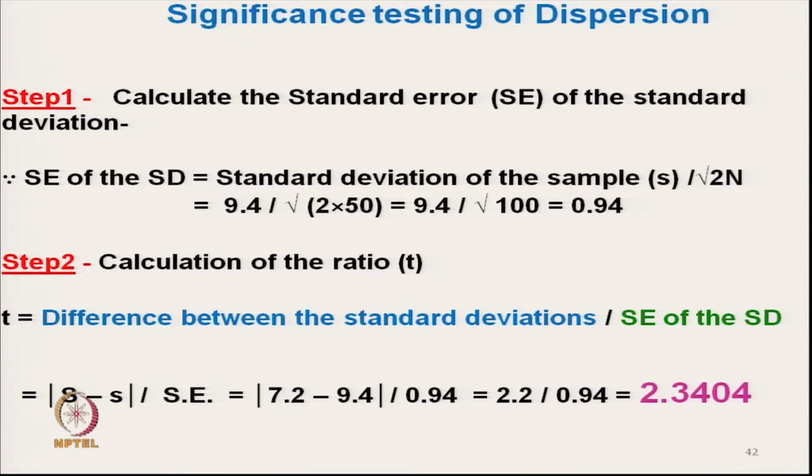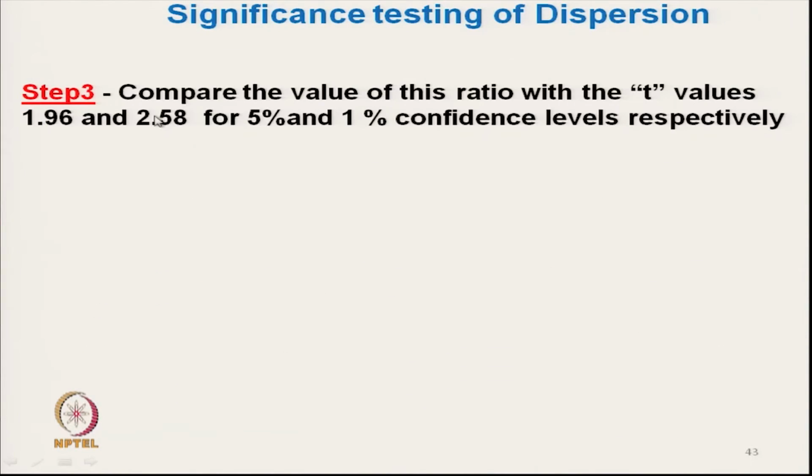Now, we have to compare this t value with 1.96 and 2.58, as we have seen earlier for the 5% and 1% confidence levels for a large sample.